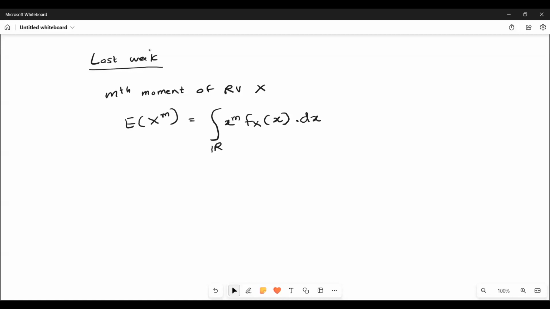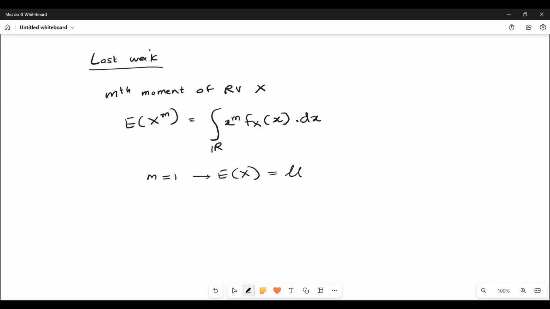So this mth moment is a general function that can be used to define other statistics of a probability distribution function. Basically we can define the mean value, right? m equals 1 gives the mean value of the random variable, where we denote the mean as the expectation of the random variable x.